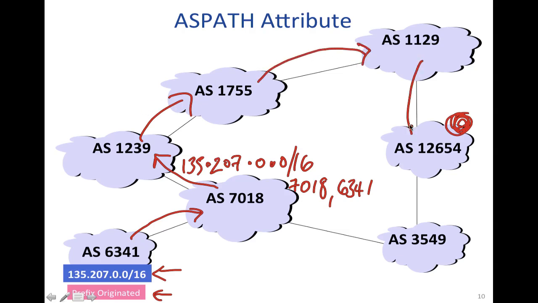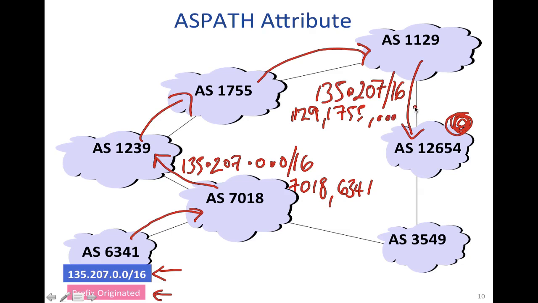So by the time it comes down here, we will find out that the prefix 135.207/16 can be reached through 1129, 1755, and so on until we get to 7018.